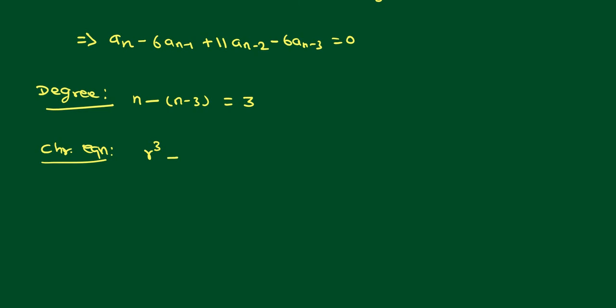Then r cubed, minus 6 for a_(n-1), so reduce one degree, giving r square, and plus 11 for a_(n-2), one more degree reduced, so r power 1, and minus 6 for a_(n-3), one more degree reduced, that is r power 0. There is no need to write r power 0, I will just write 1, and similarly for r power 1, I will just write r.